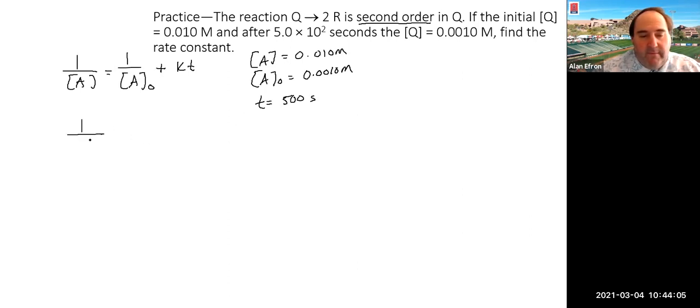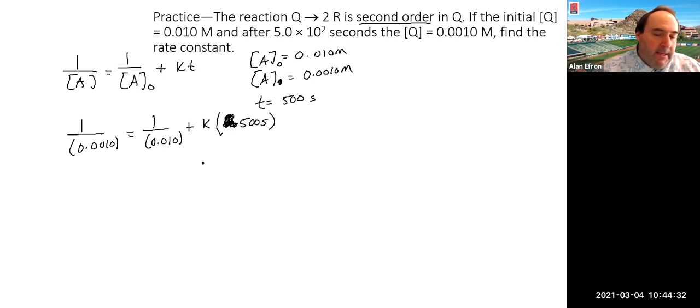So we got 1 over our final, which is 0.001. I wrote that backwards there. That's initial, that's final. 1 over 0.001 is equal to 1 over 0.01 plus our k, which is what we're looking for, times the 500 seconds.